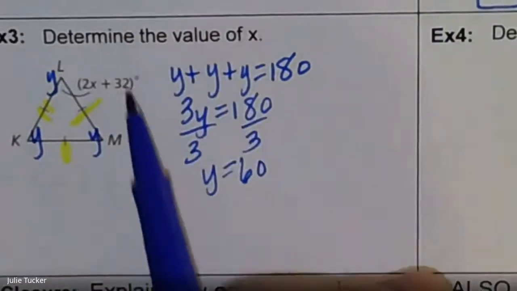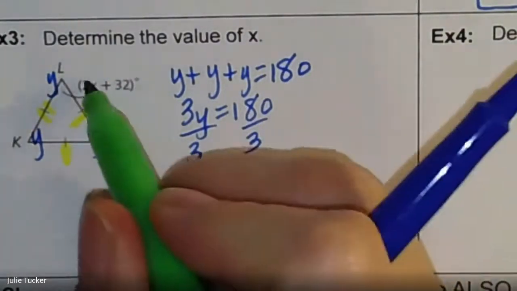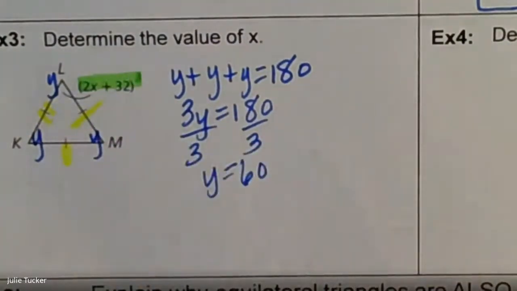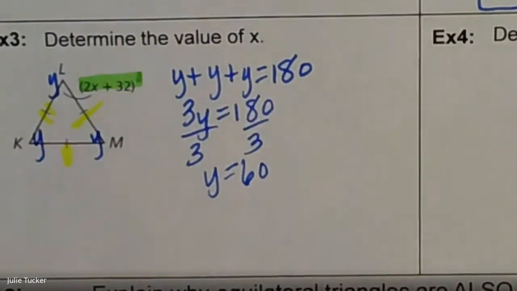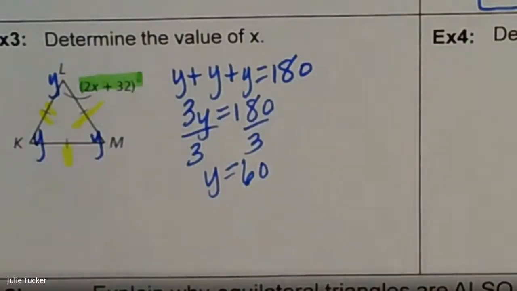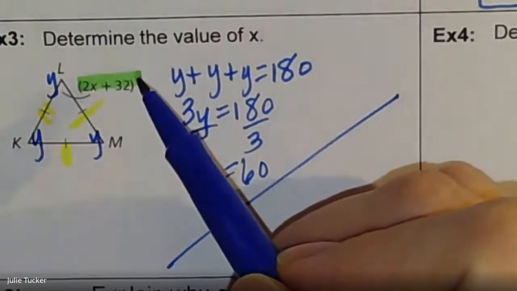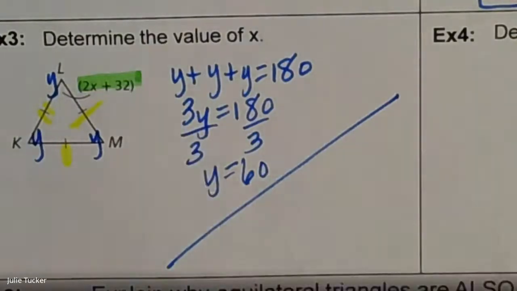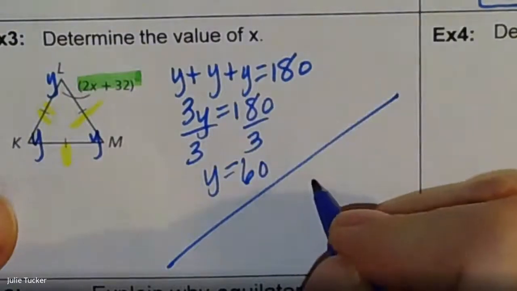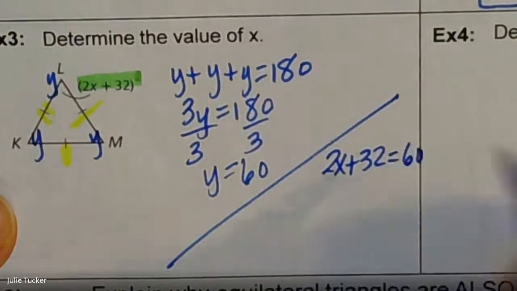Now they're telling you that this angle right here is represented by 2x plus 32 degrees. But you know that it has to be 60 degrees because it's an equilateral triangle and all of the angles are 60. So what you can do is you can just write that expression equals what? Yep. So we're going to write 2x plus 32 equals 60.